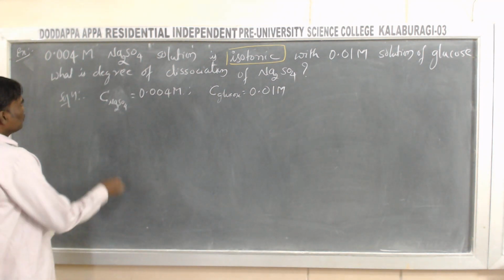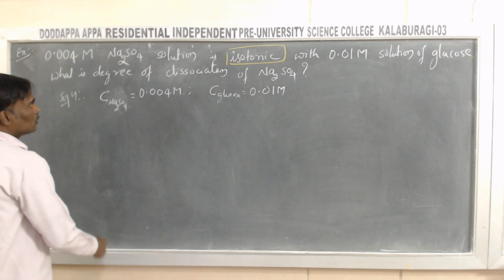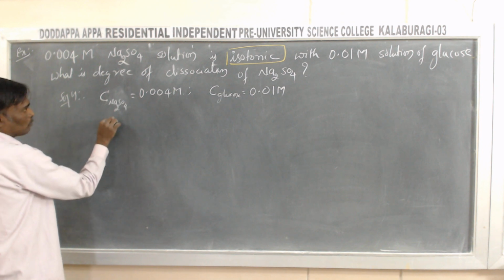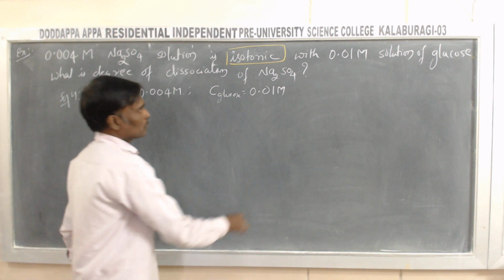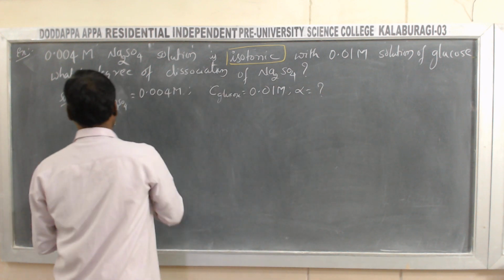Now they are isotonic, then what is the degree of dissociation? So the unknown here is alpha equal to question mark, the degree of dissociation.